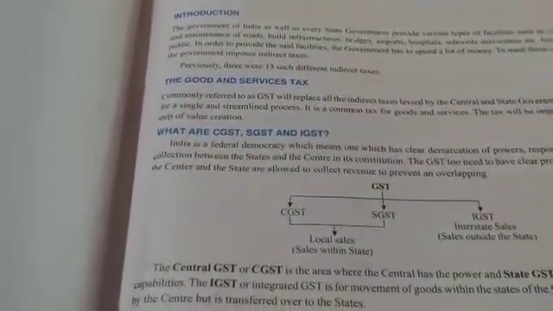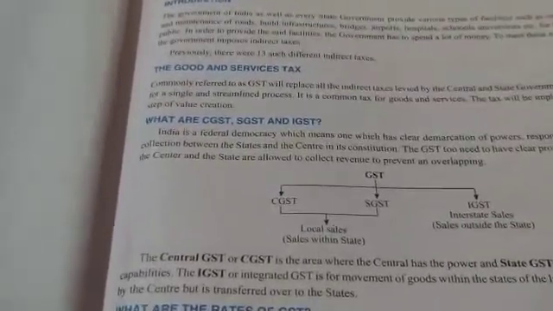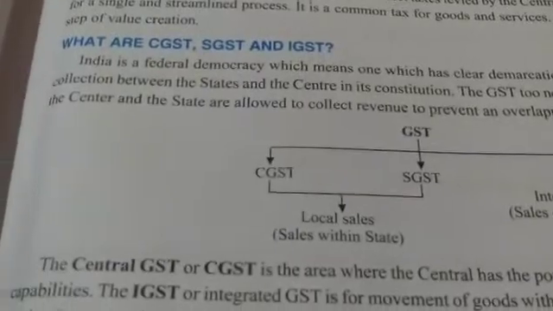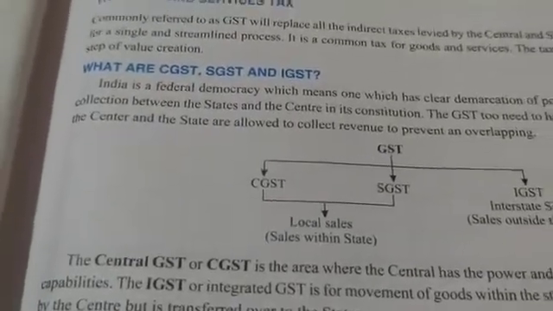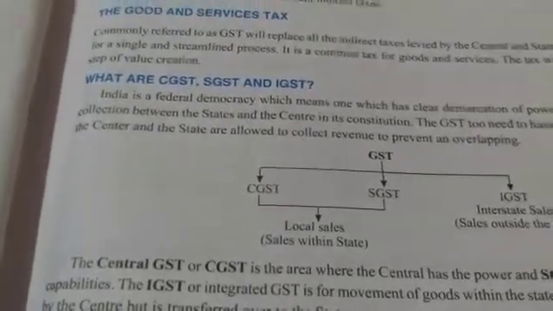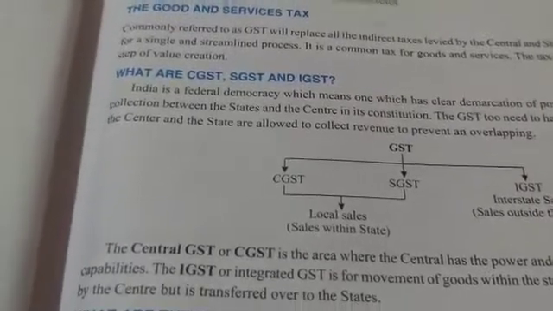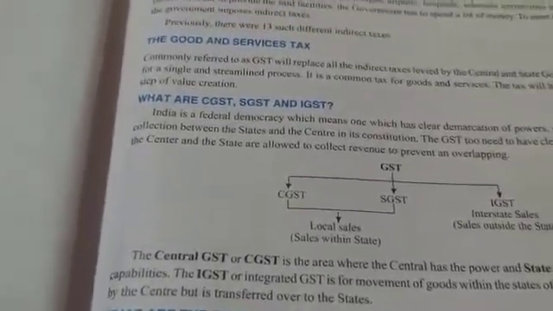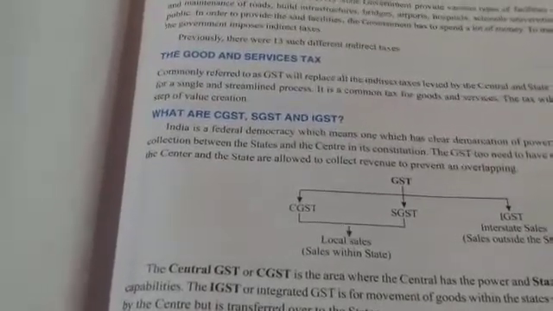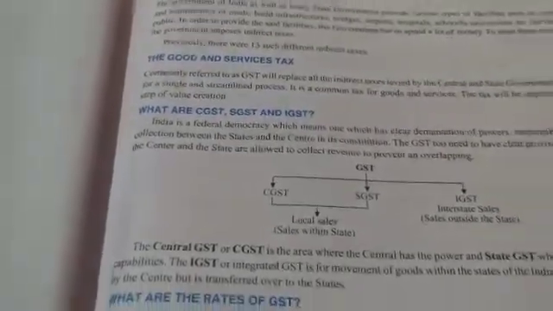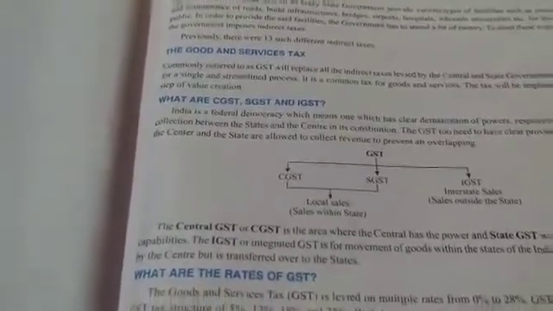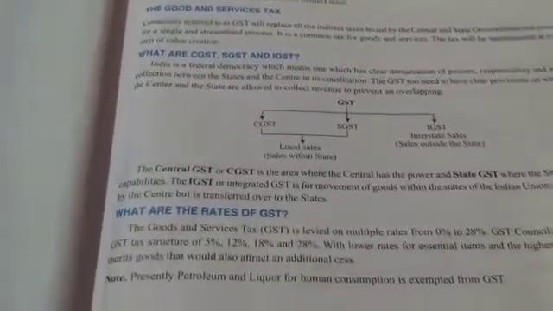The tax collected by the state government is called SGST, while the tax collected by the central government is called CGST. It means the GST collected is shared equally between the central government and the state government.